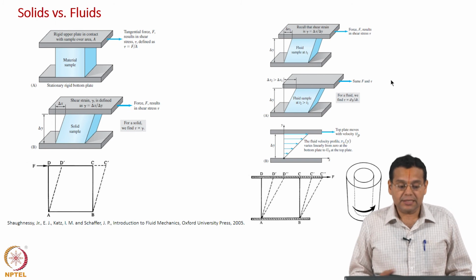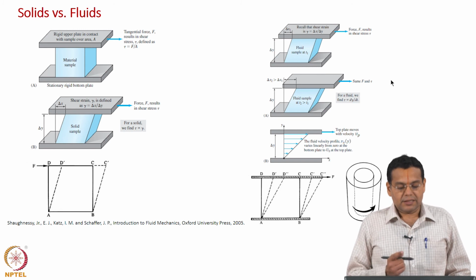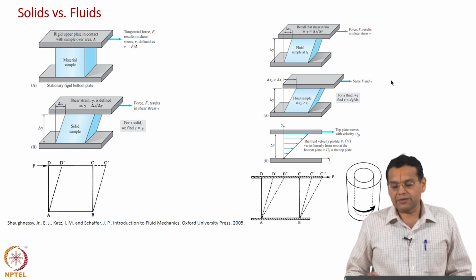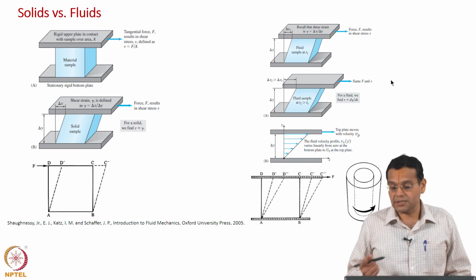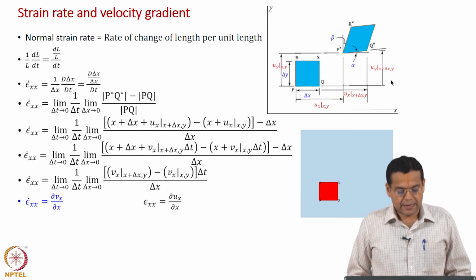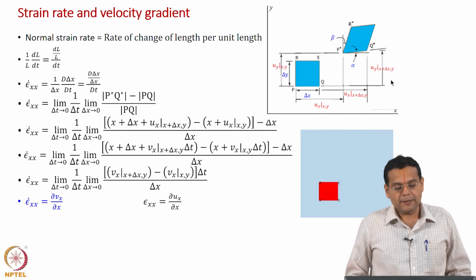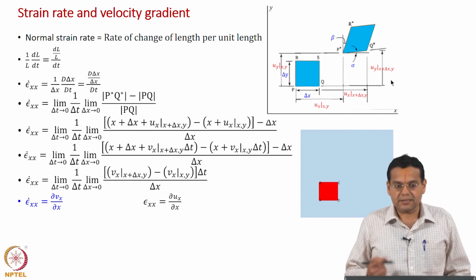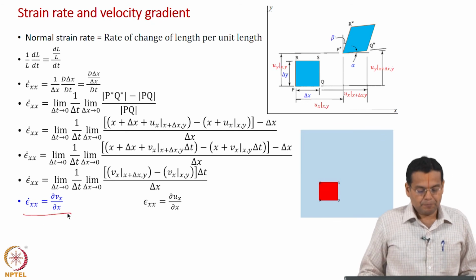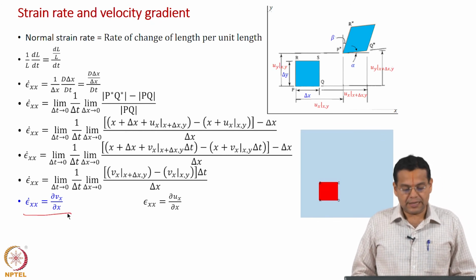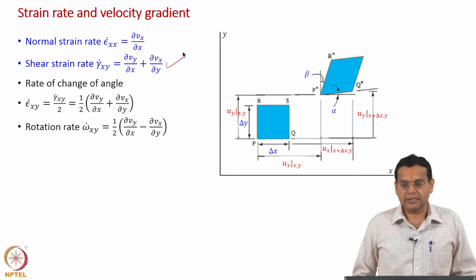We once again discuss the difference between solids and fluids to understand that it is strain for solids and strain rate for fluids. Force depends on strain for solids and force depends on strain rate for fluids. And we discussed normal strain rate and shear strain rate. We said they are material derivatives of normal strain and shear strain, and then we related the normal strain rate to velocity gradient, shear strain rate to velocity gradient.